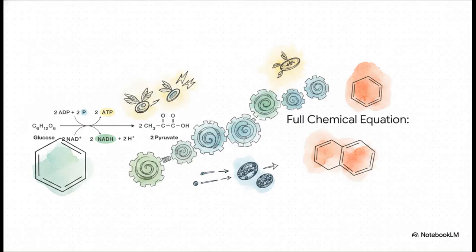We start with a single 6-carbon molecule of glucose, which transforms entirely through this precise sequence into 2 3-carbon molecules of pyruvate. But the true value, the real magic, lies in what happens along the way. The process converts ADP into our cellular currency, ATP, while also reducing NAD+ into NADH, which carries vital electrons for later use. It's just a masterpiece of biological transformation.